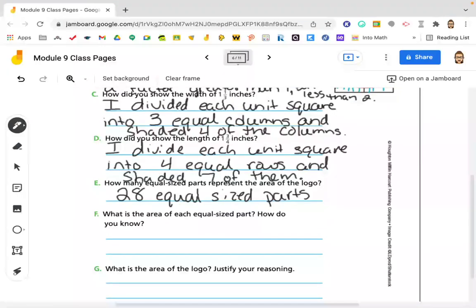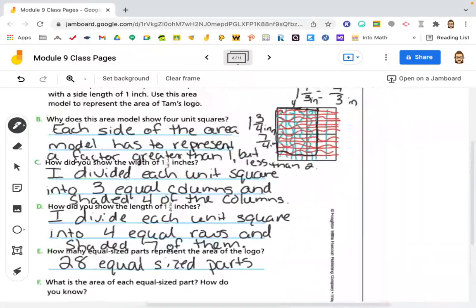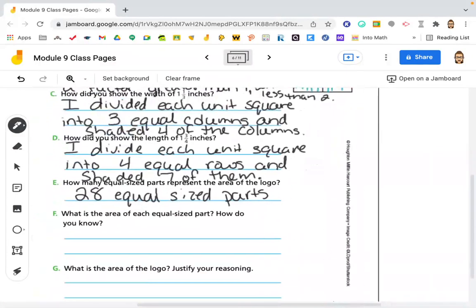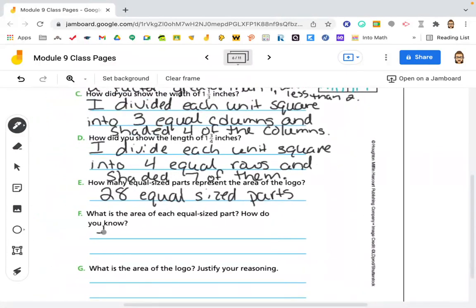And it says, what is the area of each equal sized part, and how do I know? Well, we split each square unit into 3 sections this way and 4 sections this way. So 3 times 4 is 12, and each one's 1 out of 12. So we get 1/12 inches squared.